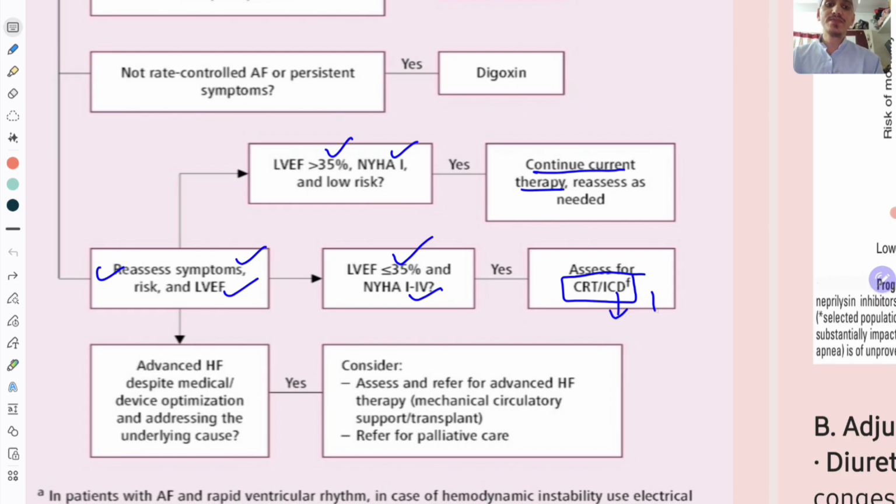You can use this as primary, prophylactic, as well as secondary, after the patient has recovered from ventricular arrhythmias. So in patients with less than 35% and breathlessness, you should consider cardiac resynchronization therapy and ICD. Now, advanced heart failure despite medical and device optimization and addressing the cause: consider mechanical circulatory support or cardiac transplant, or refer for palliative care.